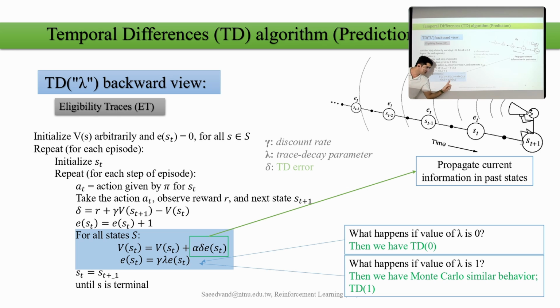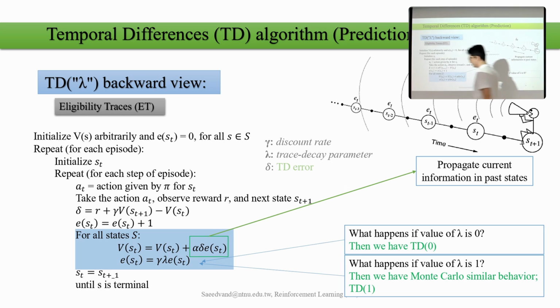What is this trace decay lambda doing actually? It's in the name of the algorithm and is the key point. It determines the credit that I have to update my eligibility trace of S_t, so that in the next round this will be used here to update my value.